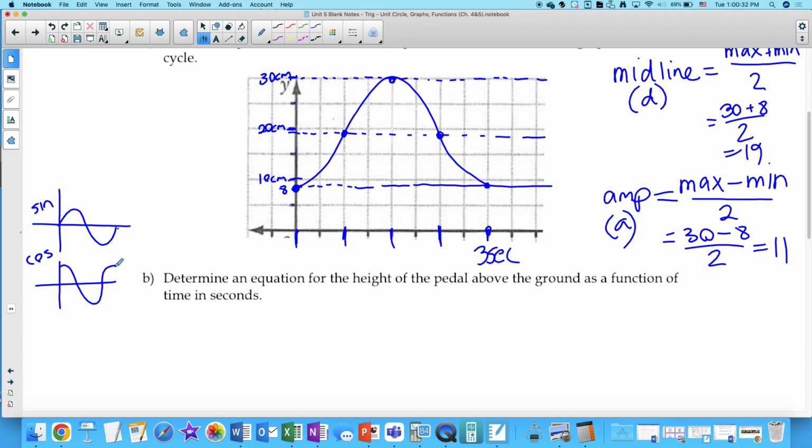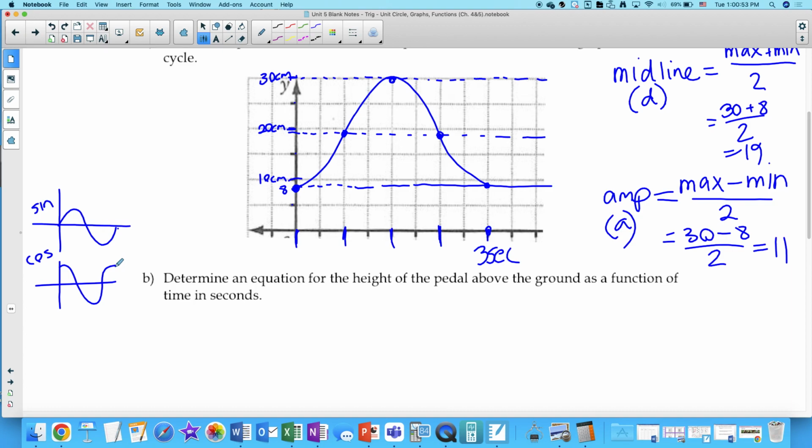Yes? Is that kind of a common thing, like a question on a test, to ask specifically for you to make a sine or cosine graph? It could be, yes. That was a good question. The question was, could I ask you to write this as a sine function? And the answer is yes. So what I want to do is let's do this a couple of different ways.